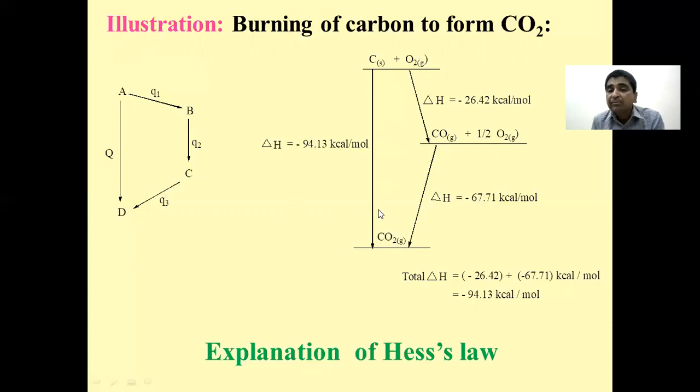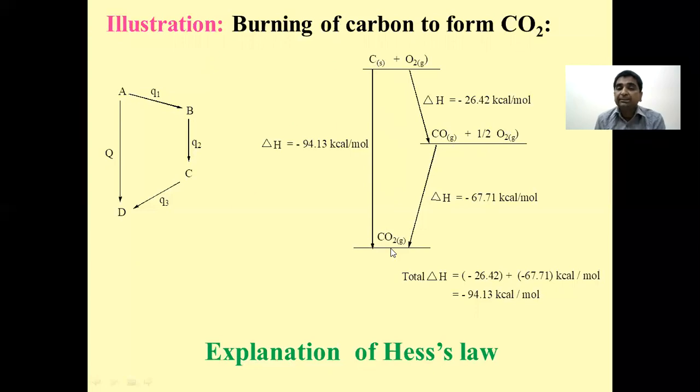So the formation of carbon dioxide takes place in a single step in the first pathway, and the second pathway is with the intermediate formation of carbon monoxide, which may again get burned with oxygen, and carbon dioxide is again formed.